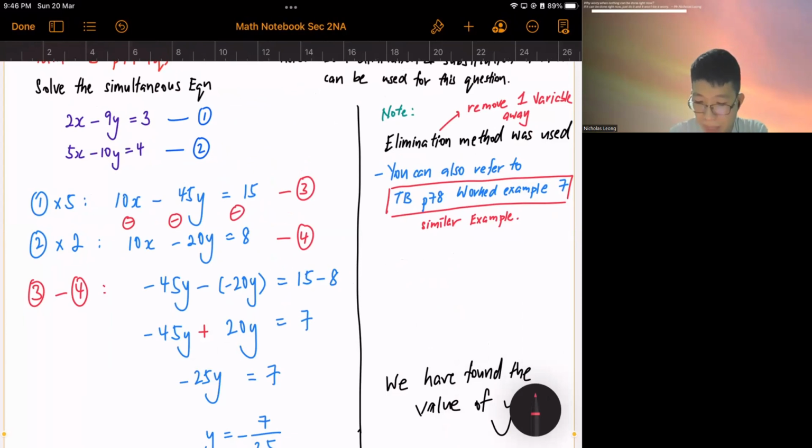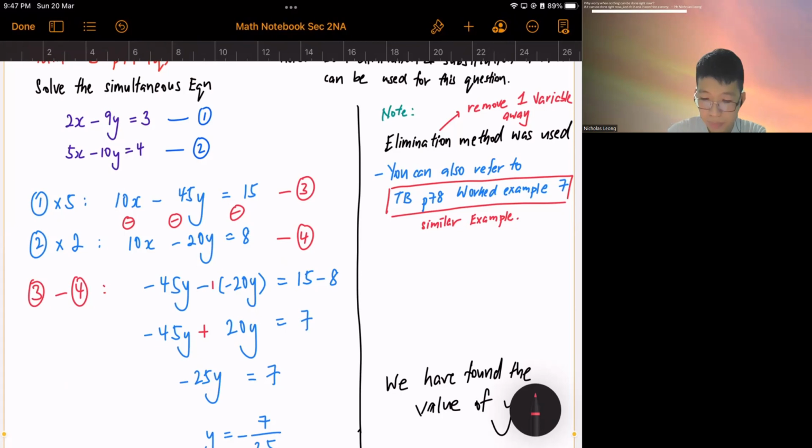Negative 45y minus negative 20y gives you two negative signs side by side, so you need to change it to plus because you are multiplying them together, and there's an invisible one here, like I always mentioned. You need to always subtract in the same order. Since you're taking equation 3 minus equation 4, it's always top minus bottom. So 10x minus 10x, negative 45y minus negative 20y, and the numbers on the right side also top minus bottom, which is 15 minus 8.